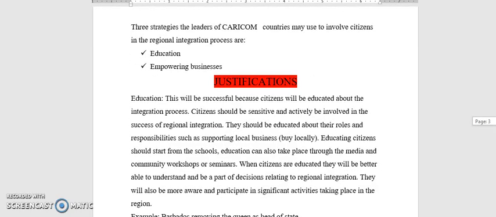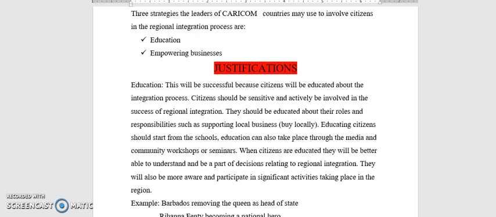My justification: this will be successful because citizens will be educated about the integration process. Citizens should be sensitized and actively involved in the success of regional integration. They should be educated about their roles and responsibilities.